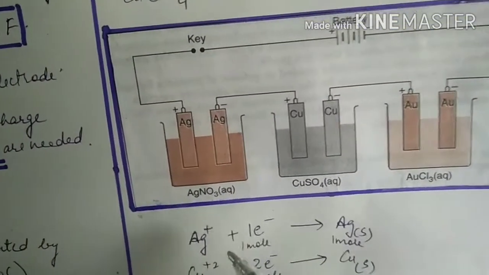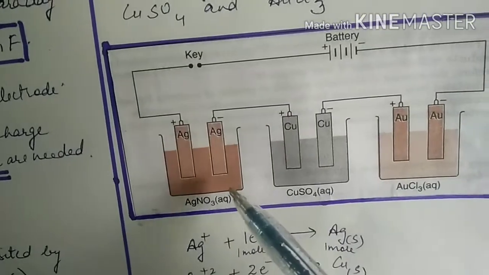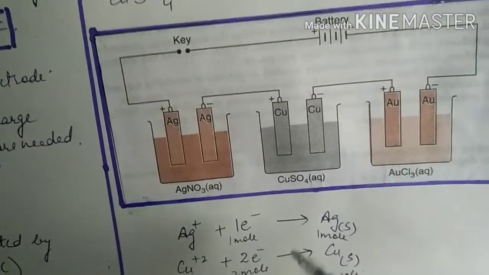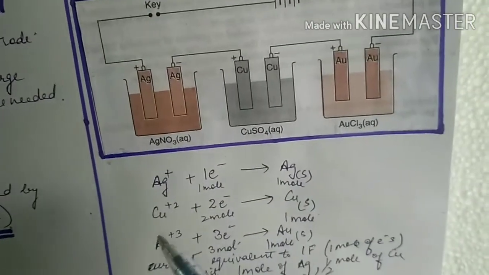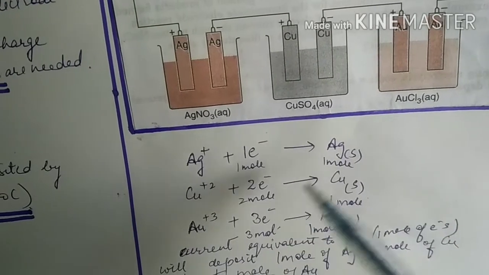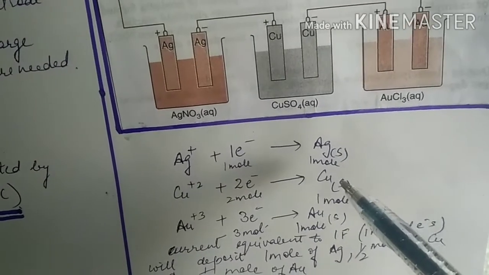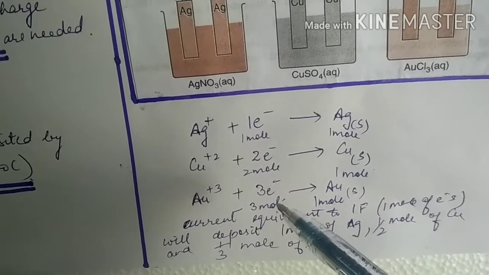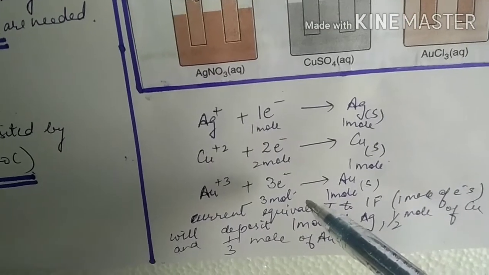Silver's equation needs 1 mole of electrons to form 1 mole of silver. So 1 mole of silver will be formed if charge equal to 96500 coulombs is passed. For copper 2 moles of electrons are needed for depositing 1 mole, so with 1 mole of electrons only half mole of copper will be deposited. Similarly with gold, because 3 moles of electrons are needed, only 1/3 mole will be deposited with 1 mole of electrons.